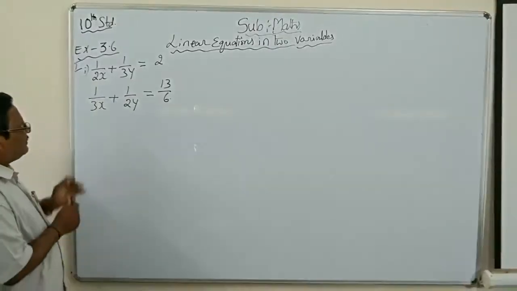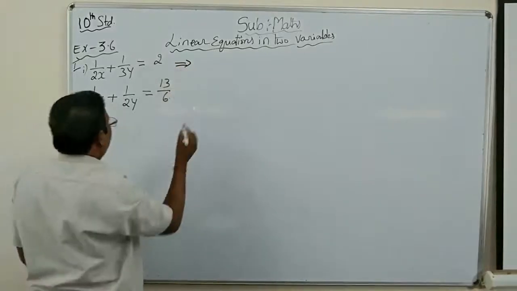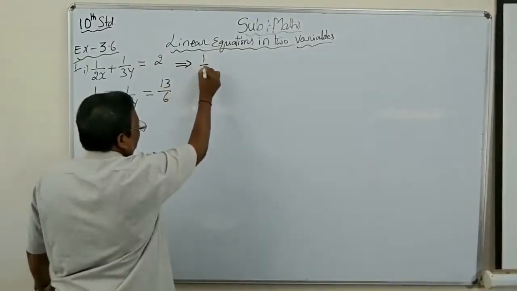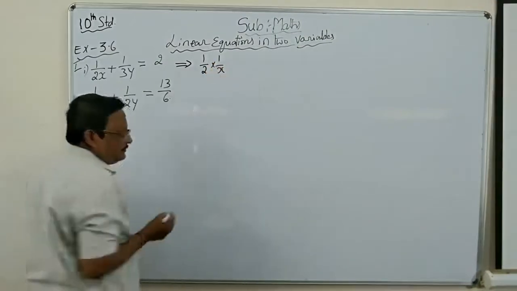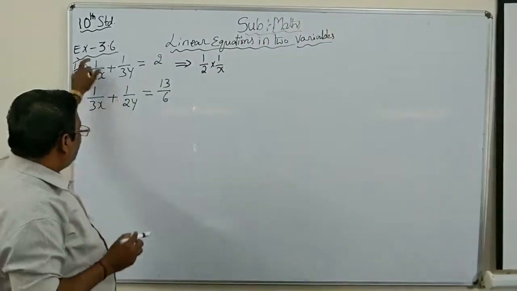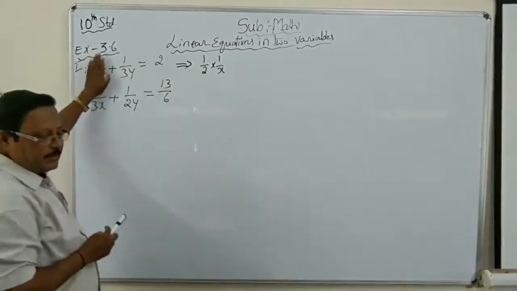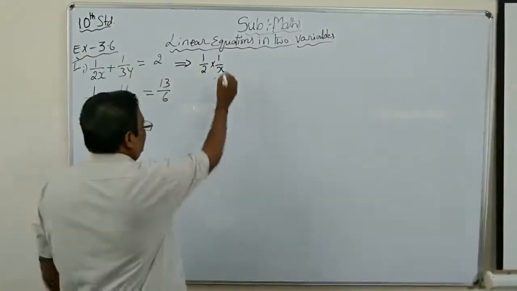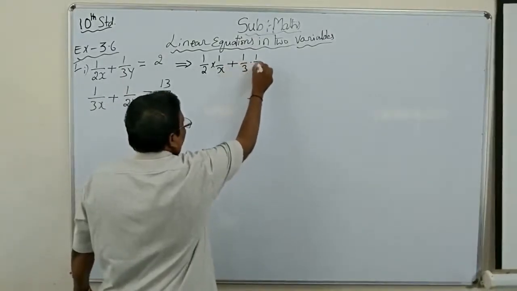See here, the first one can be written as 1 by 2 into 1 by x. This is nothing but 1 by 2x. The first term, plus the second term, is 1 by 3 into 1 by y.